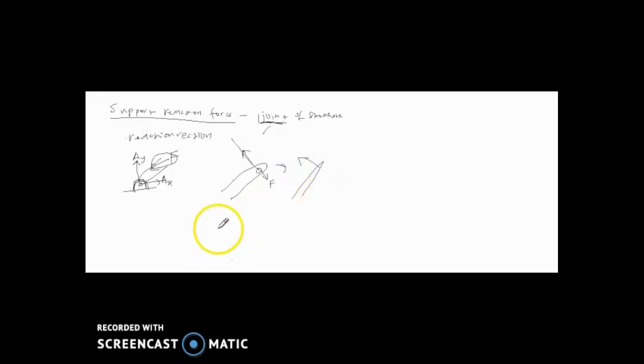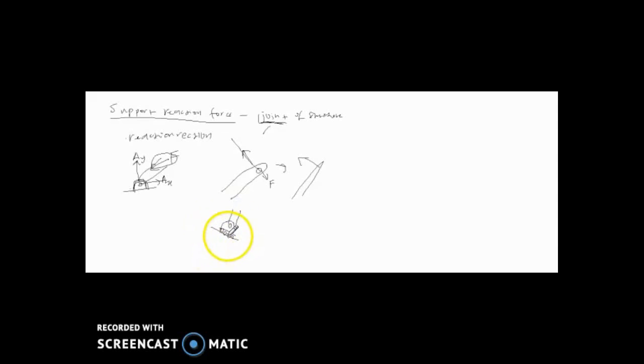Then another example, if we have a joint like this, but this time the base here is not fixed, it has a roller like this. So this is your structure.